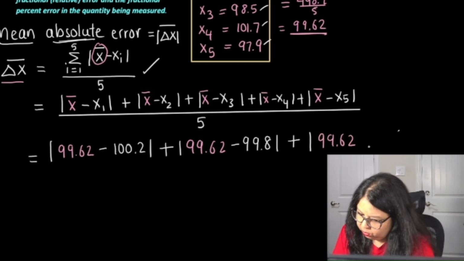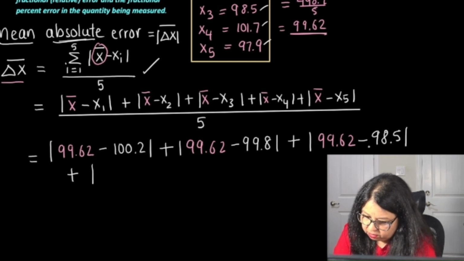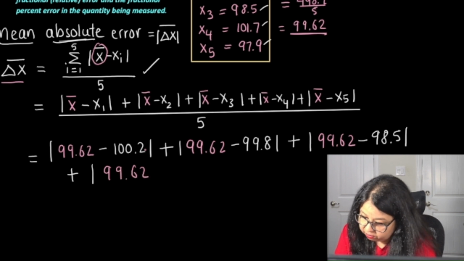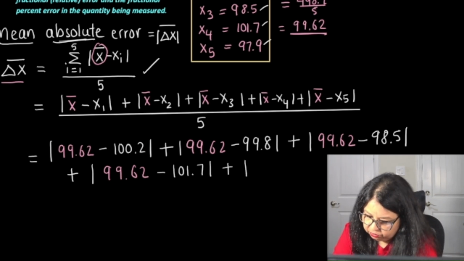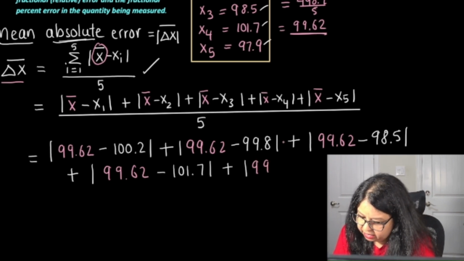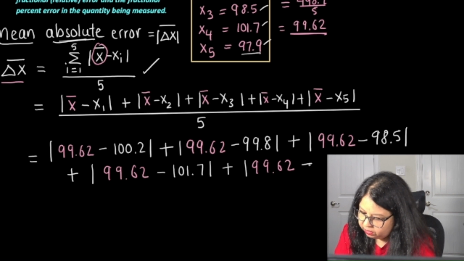99.62. If you think this is going slow, feel free to fast forward it. I can write only so fast, but the technology will let you fast forward, I believe only up to 2 times. 99.62 minus the last one here, 97.9.